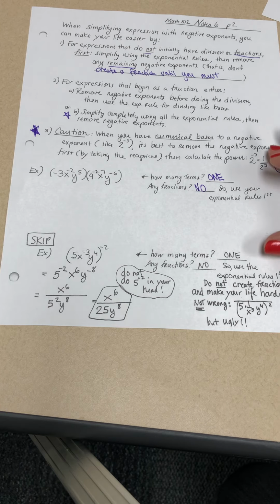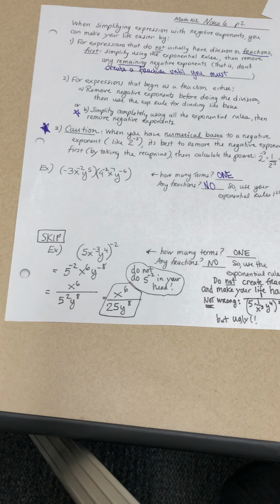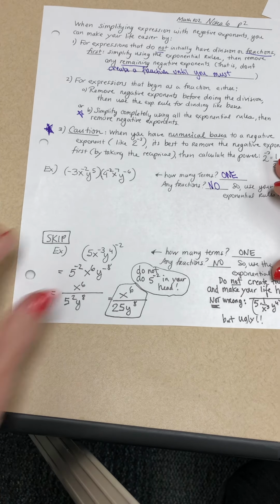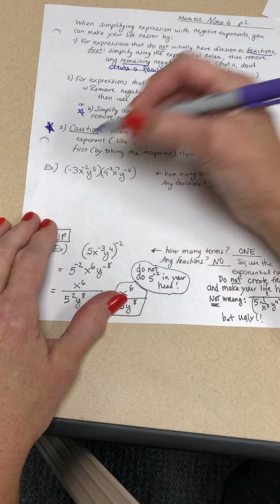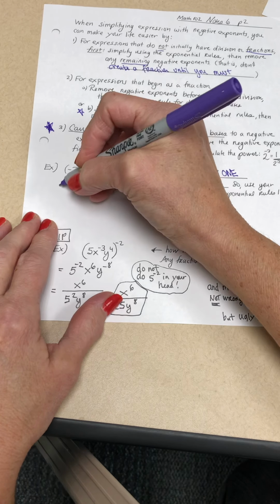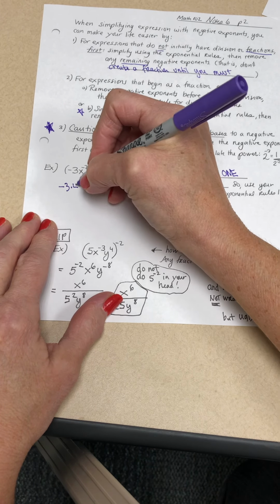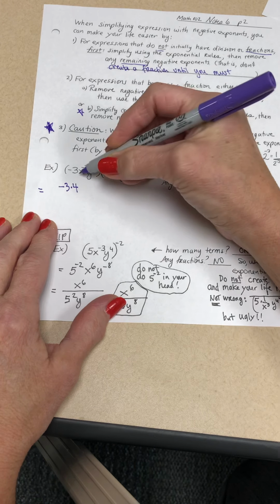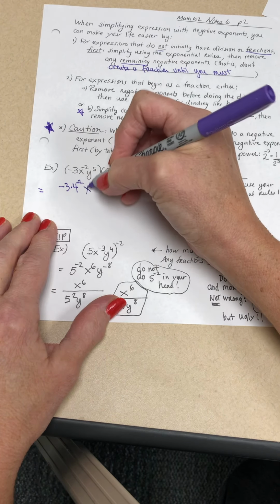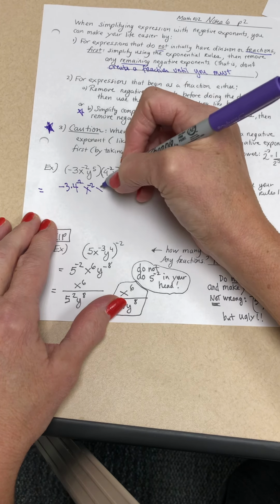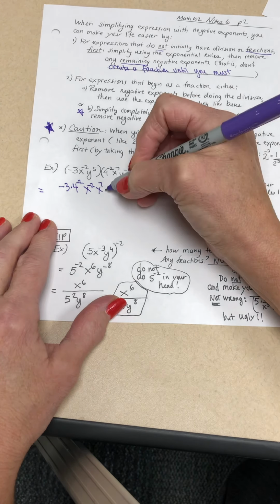Let's just use the exponential rules, order of operations, commutative properties, associative properties, all of those are at play. It's all multiplication, which means I can ignore these parentheses and I can reorder. So if you can do this part in your head, feel free to, but I'm going to group the coefficients together, the x's together, and the y's together.